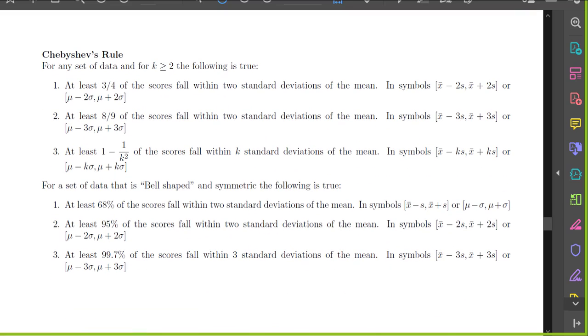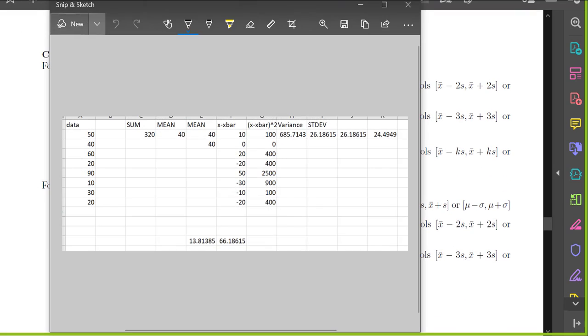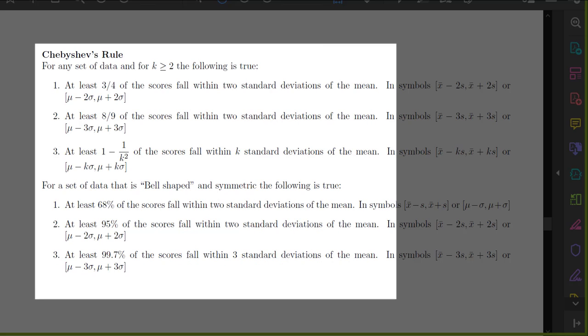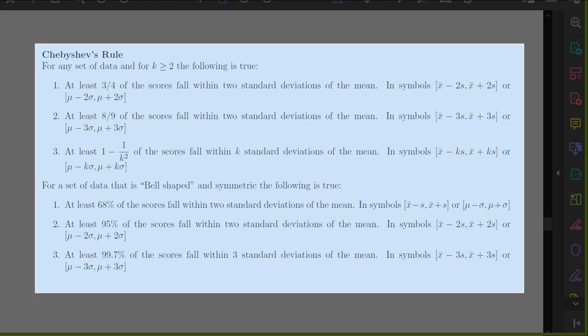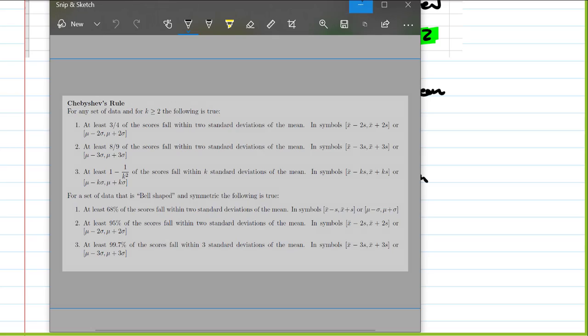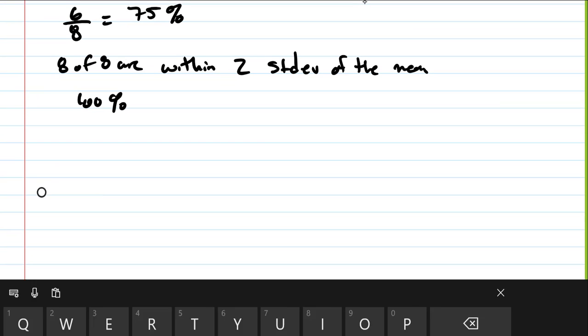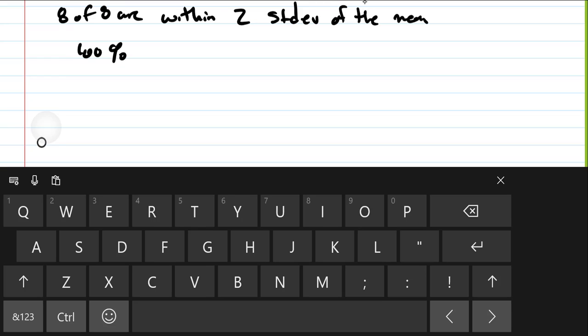All right. So turns out there's a couple of rules that will help us out with that idea. So the first one is called Chebyshev's rule.